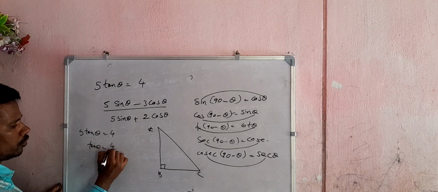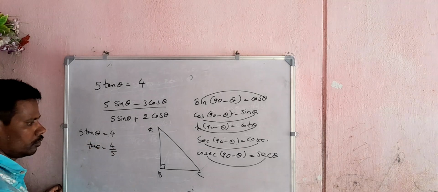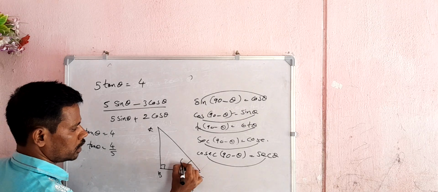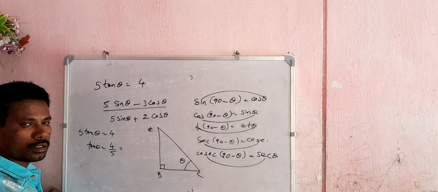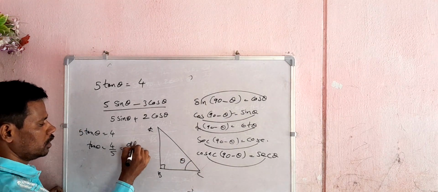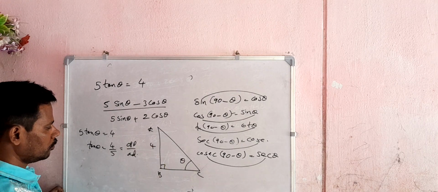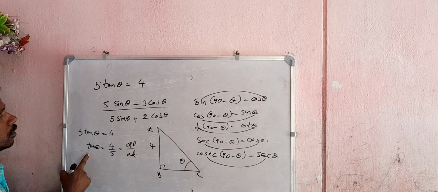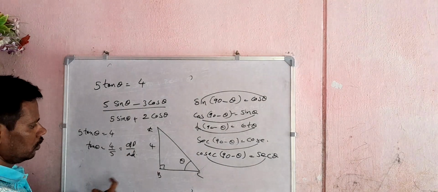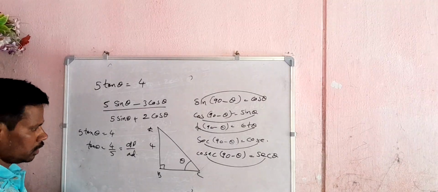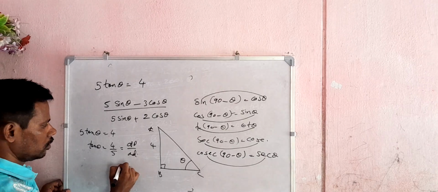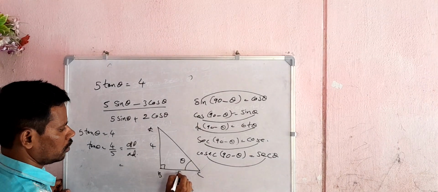Tan theta is equal to 4 by 5. Mention it as theta. What is the tan theta definition? Opposite by adjacent. Opposite side is 4, adjacent is 5.